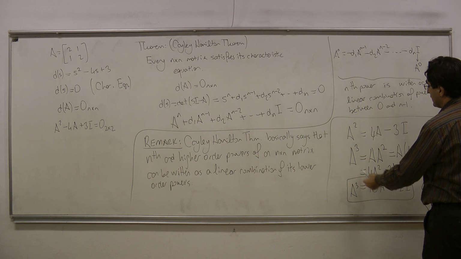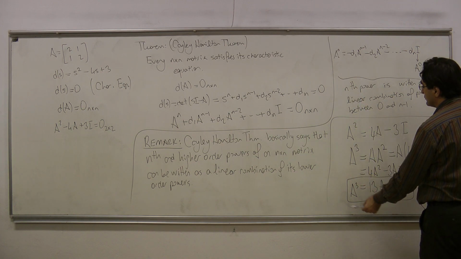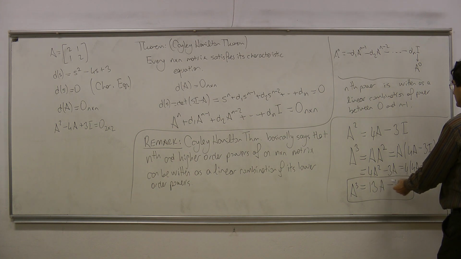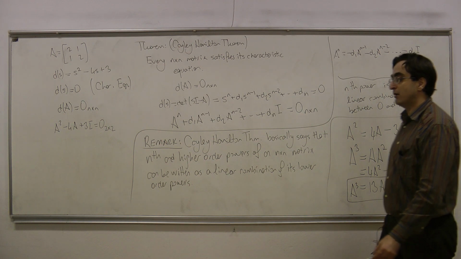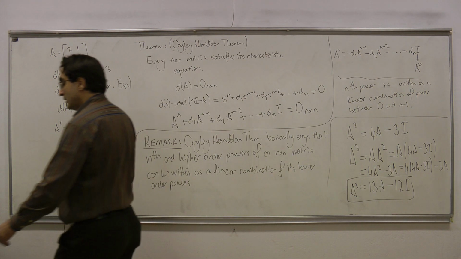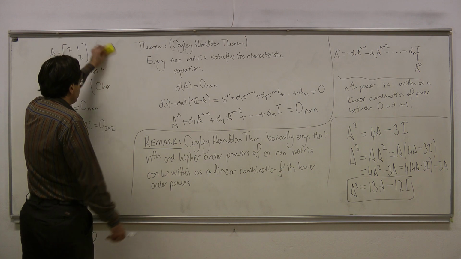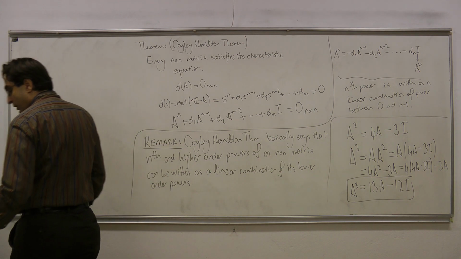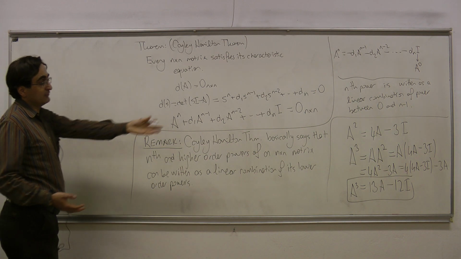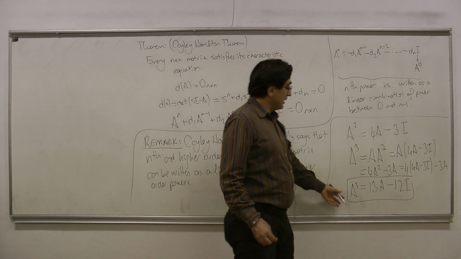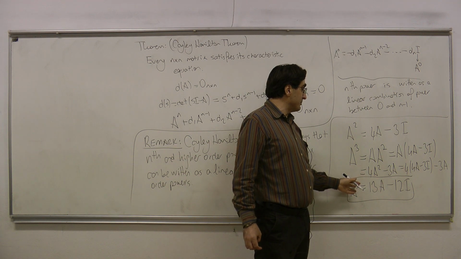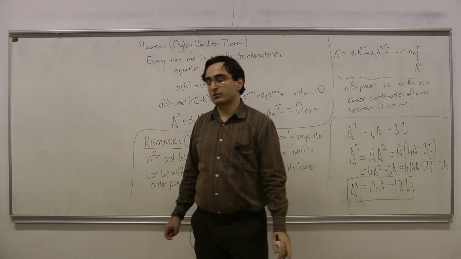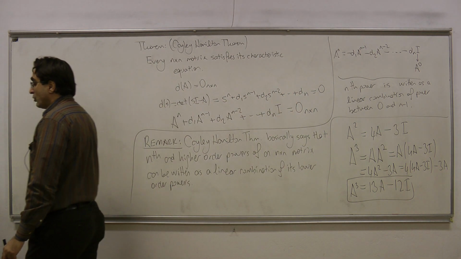I can write any nth or higher order power of the matrix as a linear combination of its 0 to n minus first powers. So this remark just claimed that, and if I would like to do that for A to the 4, A to the 5, I can do it here. I can write any power of this A matrix as a linear combination of identity and A for a 2 by 2 matrix.